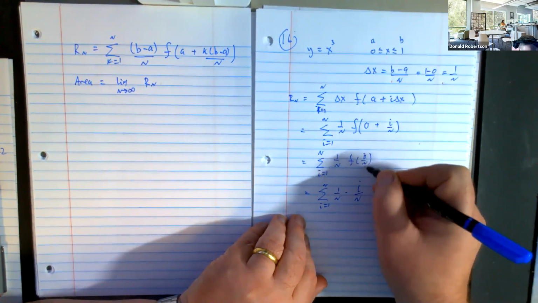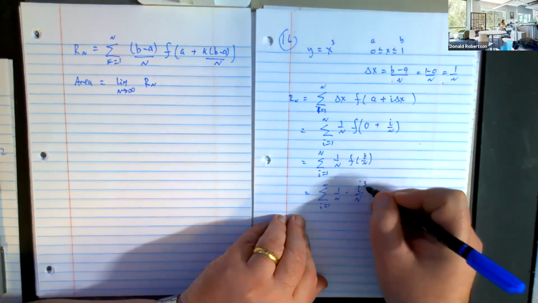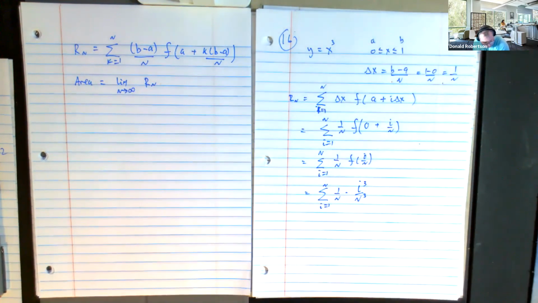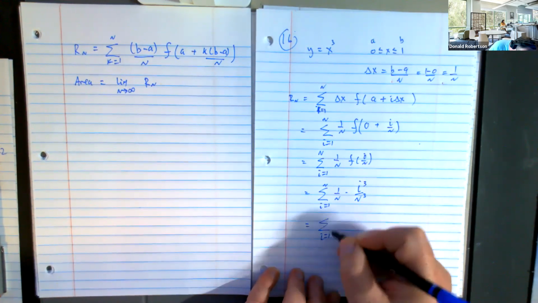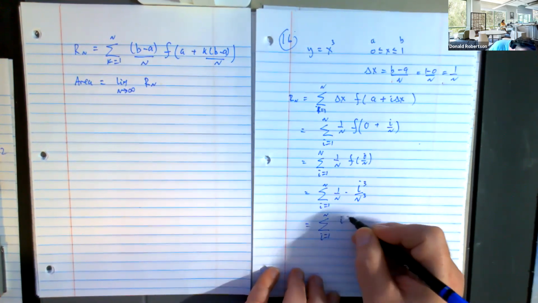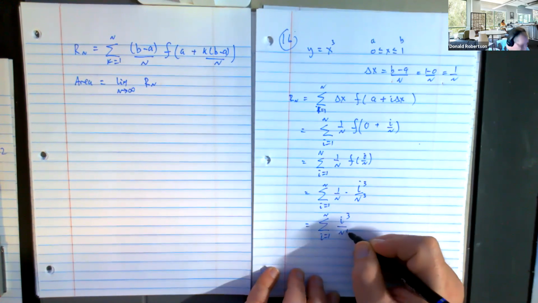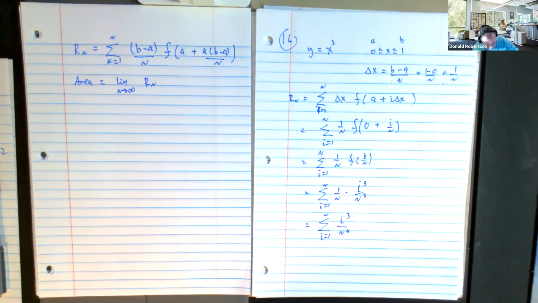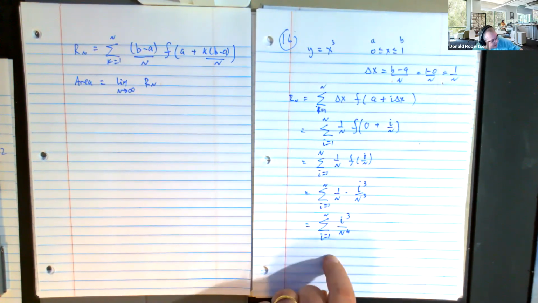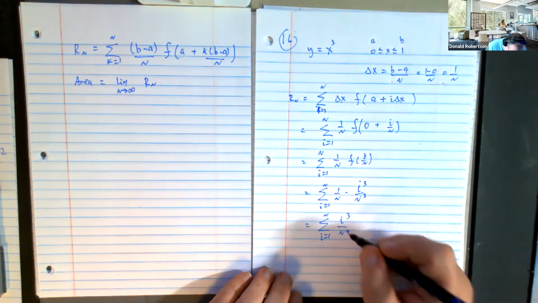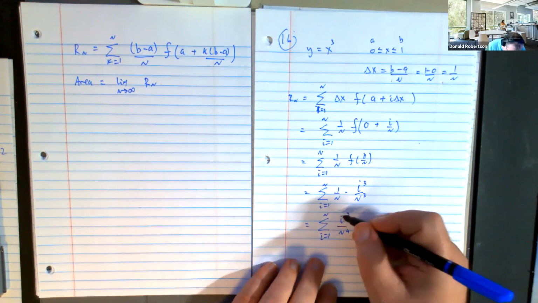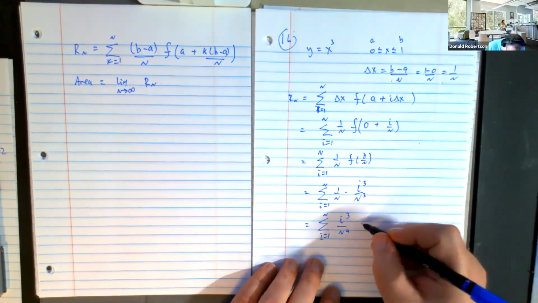If you evaluate i over n and you cube it, don't you get i cubed over n cubed? Which means that we get sigma i equals 1 to n of i cubed over n to the 4.